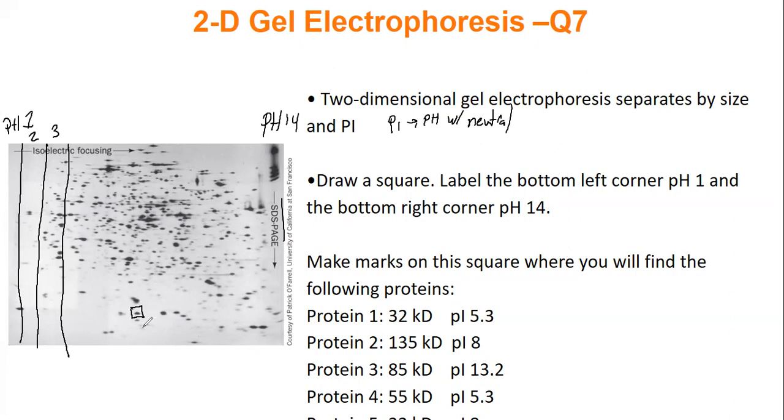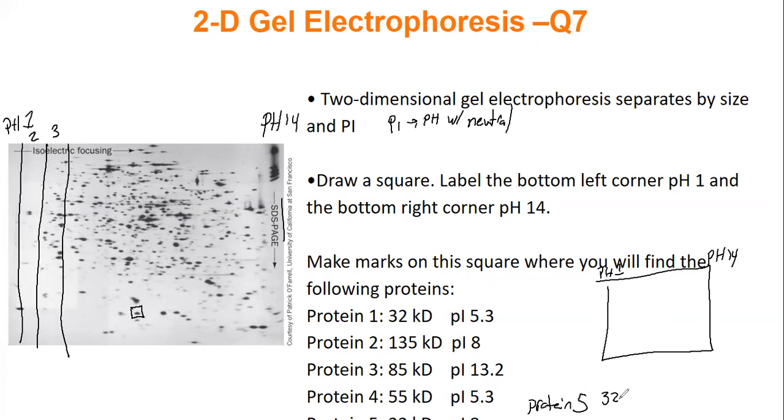So what I want you to do is take a couple minutes. I want you to draw a square where the left corner is pH 1, the right corner is pH 14. I said in the bottom, but it doesn't matter. And I want you to mark all the proteins on that square, and there's one that is cut off.